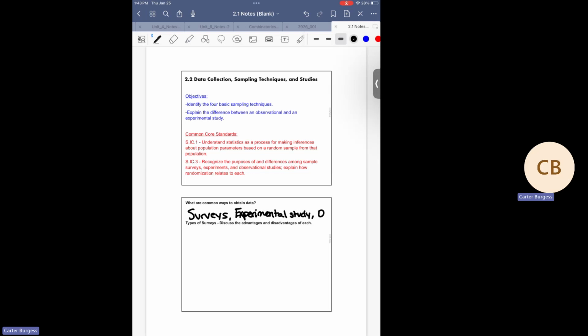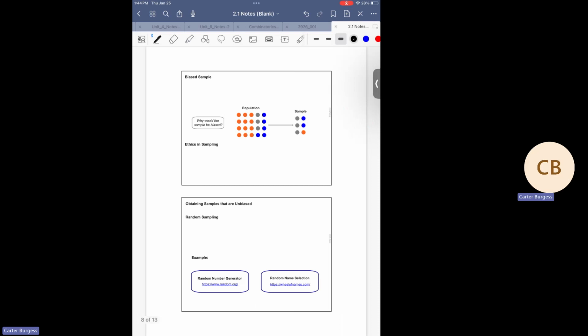We might say that that is an observational study, which would not be enough for causation again, but we'll get there in a moment. We're going to skip types of surveys for now. We'll talk about some advantages and disadvantages in a moment. I want to focus on the actual sample that we collect.